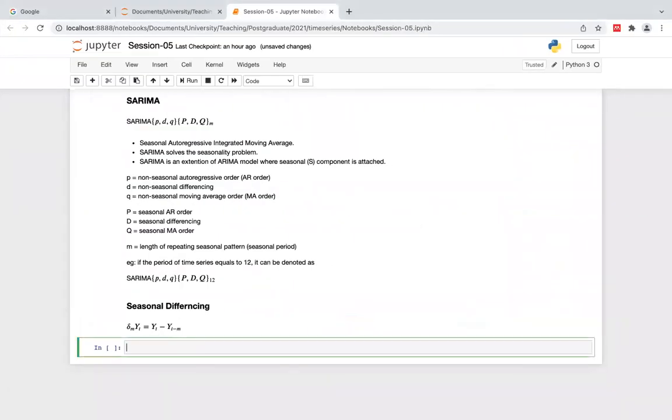How do we say it in words? For example, suppose capital D equals 1, right?